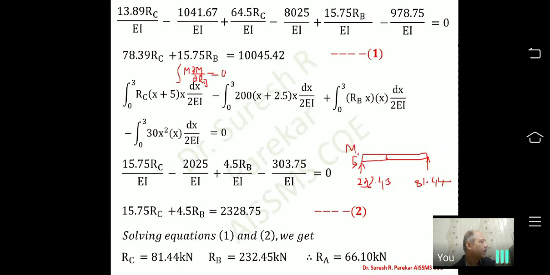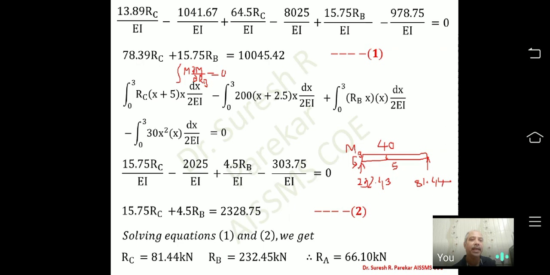Now you can take moment about B0, and we know this value is 40. In moment about B0 the unknown is only MB, so we have minus 81.44, and this span as 5. Then we have plus 40 into 5 into 2.5, and then minus MB, and that will give me the value of MB.